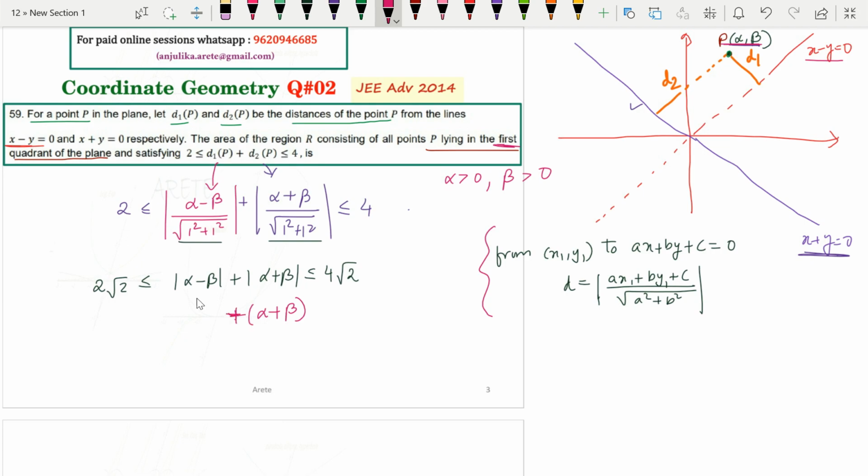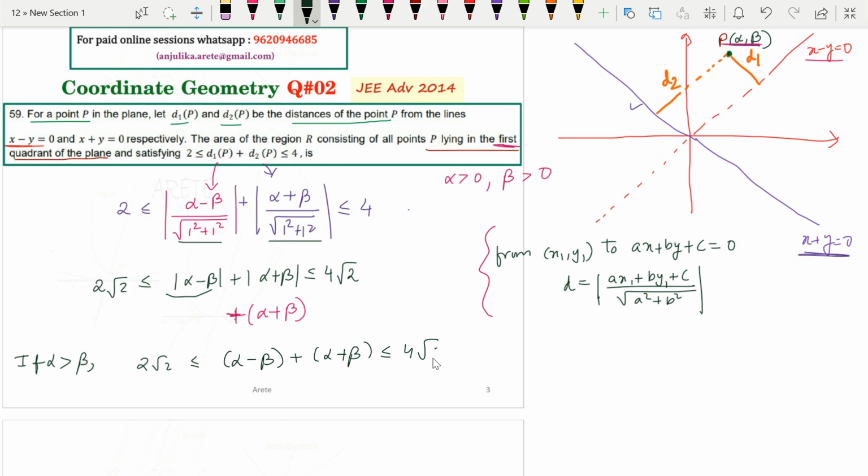But what about the first one? This one I have to assume. If alpha is greater than beta, then I can remove the modulus and just write alpha minus beta because it is positive. And then you get this.